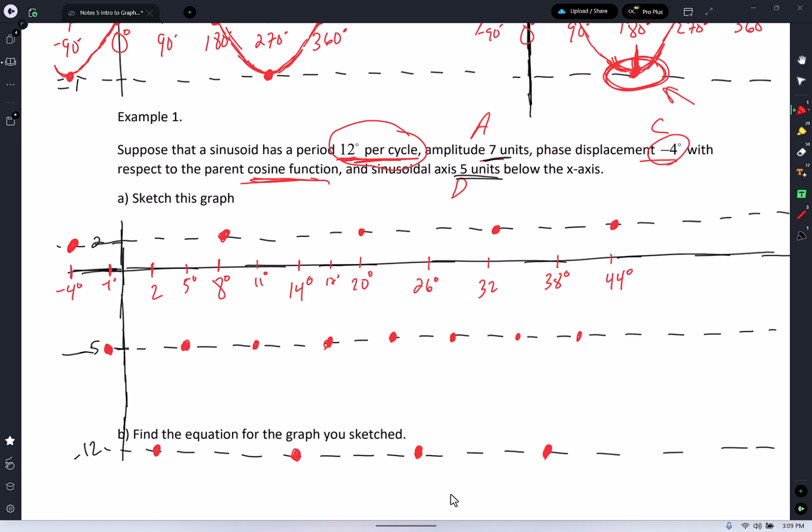Yes, I would connect it like this. Do the highs, an upside down bowl. Aim it towards your points of inflection. Do the lows, aim it towards your points of inflection like this. See? And then connect.